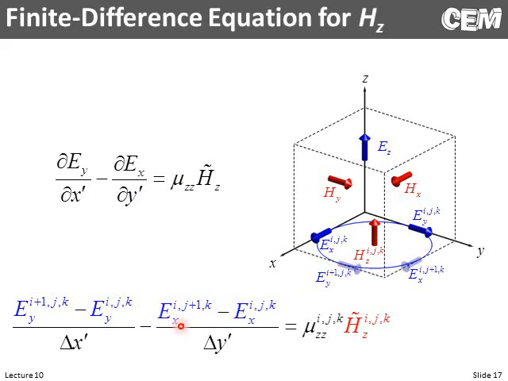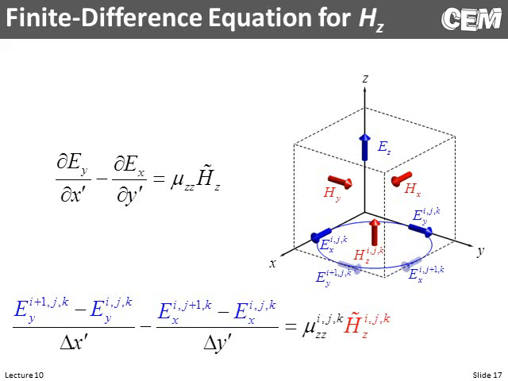And this is a central finite difference that exists at the midpoint, which is right here at h sub z. So our third equation, now in finite difference form, and we verified that every term exists at the same point.